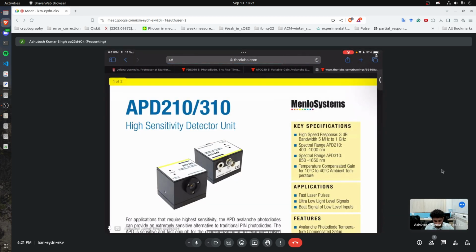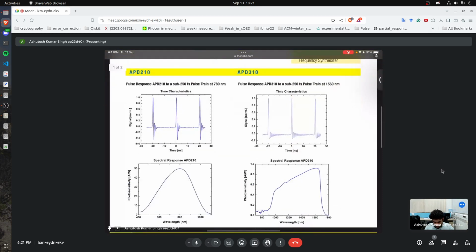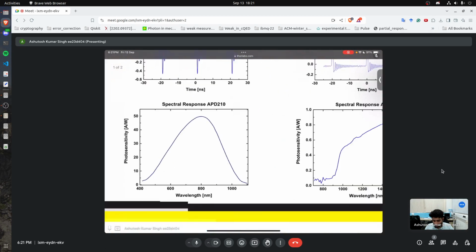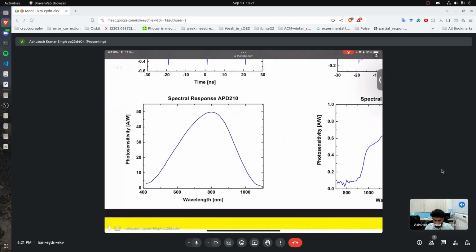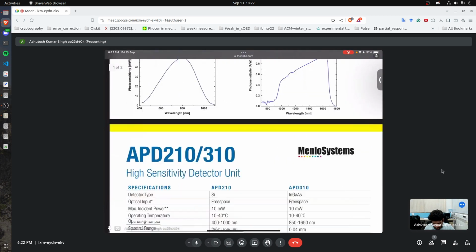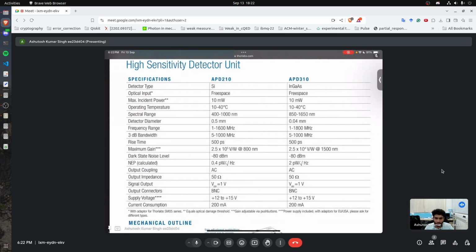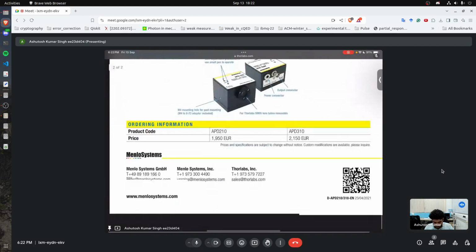You can see that the spectral response given by this graph goes from 400 to 1000 nanometers, and the maximum incident power for this APD is 10 milliwatts. 10 milliwatts is just 10 dBm, and similarly this gives you a mechanical outline as well.